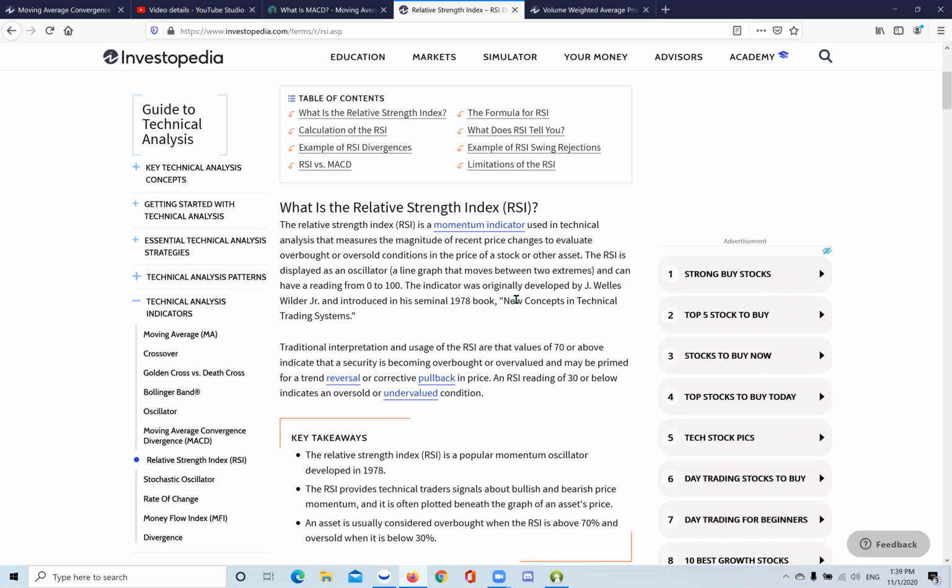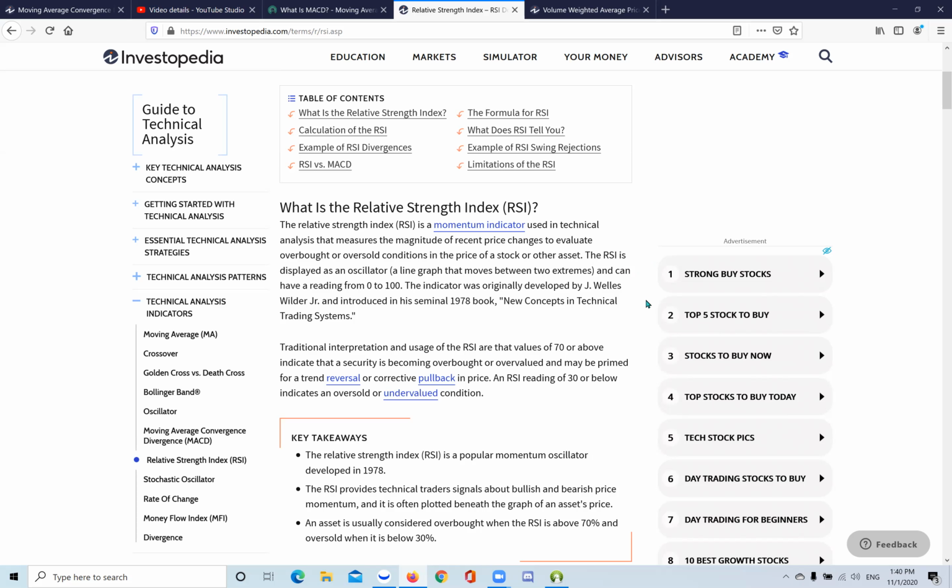The indicator was originally developed by J. Wells Wilder Jr. and introduced in his seminal 1978 book, New Concepts in Technical Trading Systems.